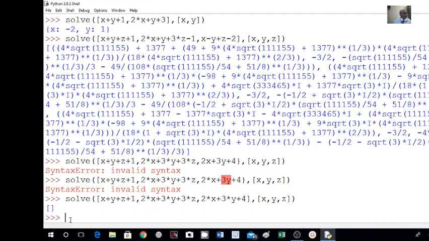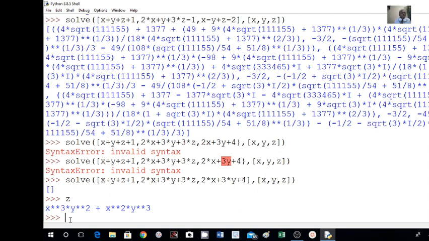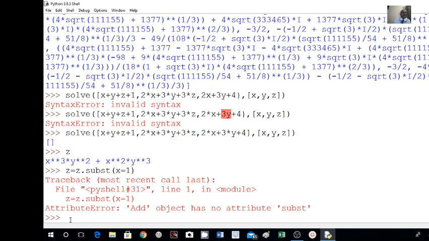Next, see here, what is my z now? z equal to x cube y square plus x square into y cube. This is our z. Now if I write z equal to z dot SUBST, bracket open, say x is equal to 1, bracket close. This is not allowed.